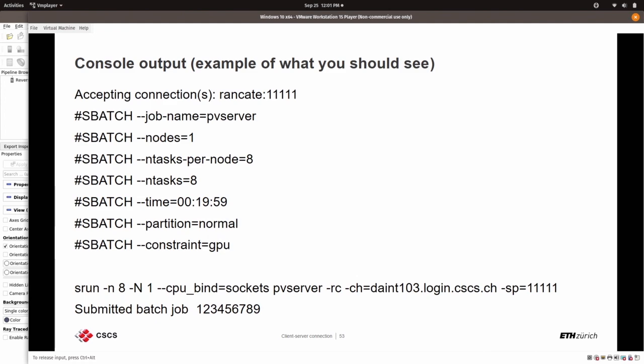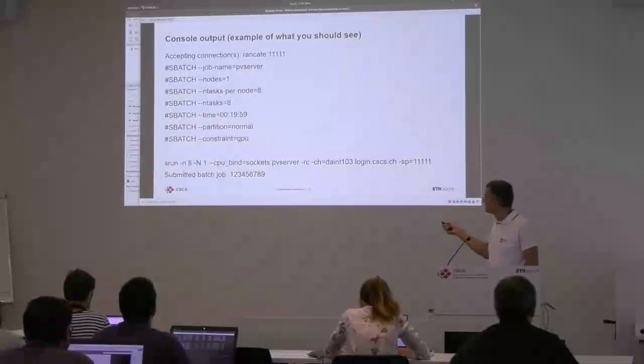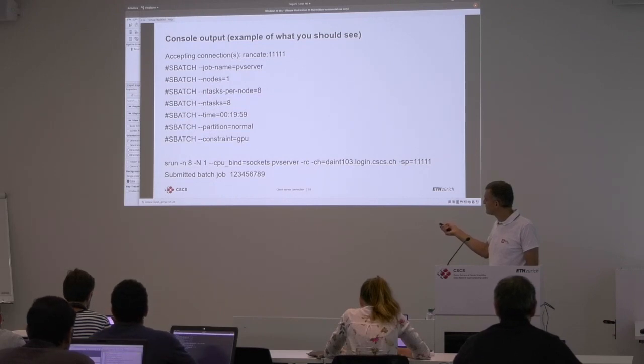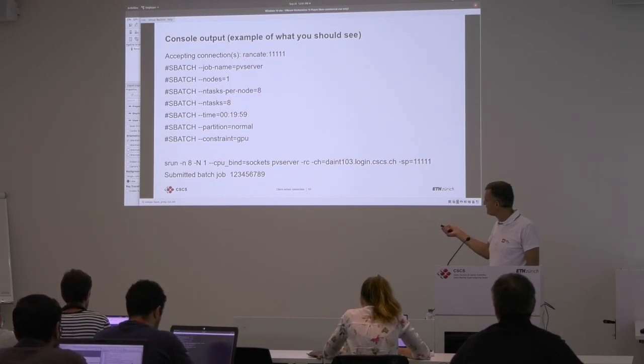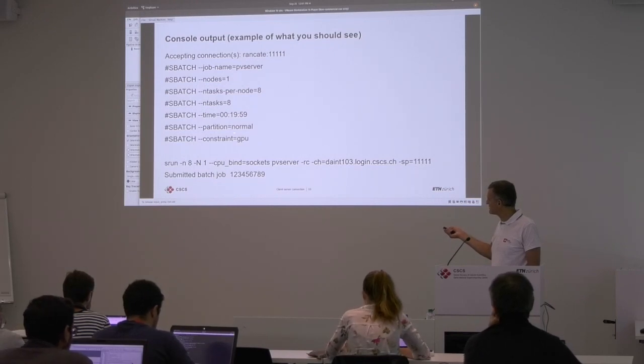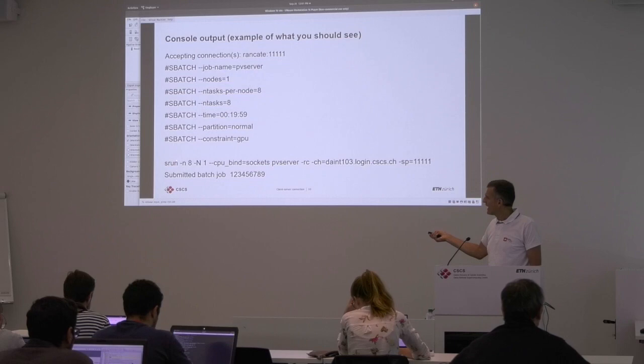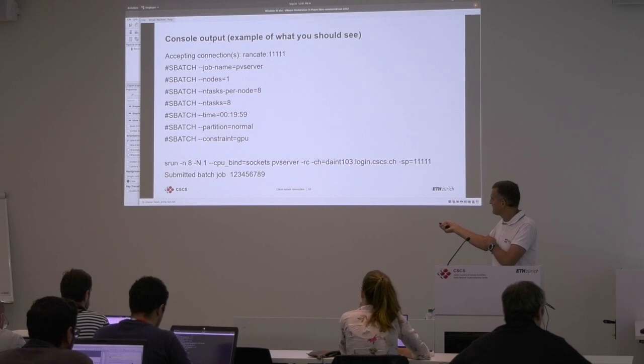On your console, this is the batch job that gets generated for you. So here's the example. The job name is PV server, 1 node, 8 tasks per node, 8 tasks, 20 minutes, partition is normal, constraint is GPU, and it runs the command srun pvserver, remote connection, client host is the login name's address.